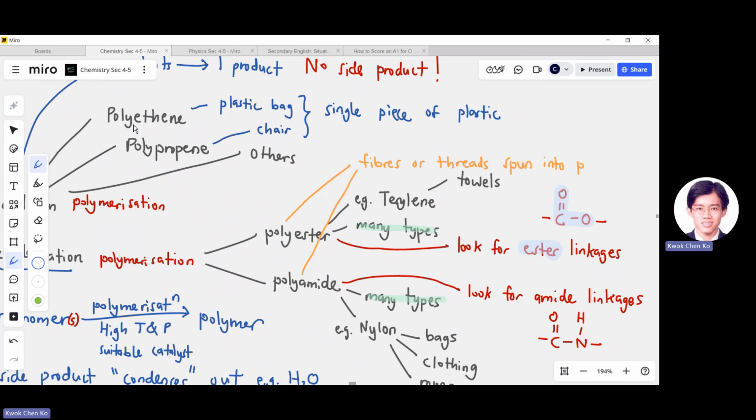Oh, okay, let me be more specific. They are spun into fabrics. Okay, so take note. In terms of uses, that is quite a fundamental difference.